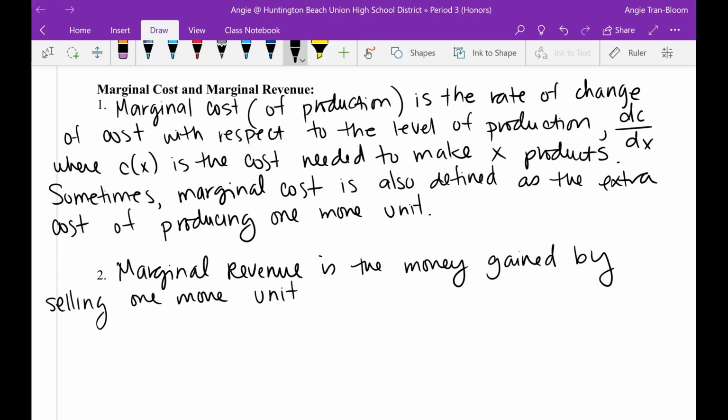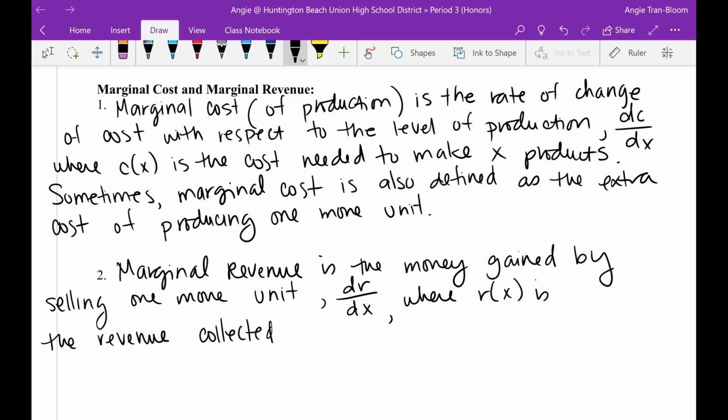And again, that's really important. Normally you're going to see it as the derivative of revenue with respect to x, where R of x is the revenue collected by selling x products.